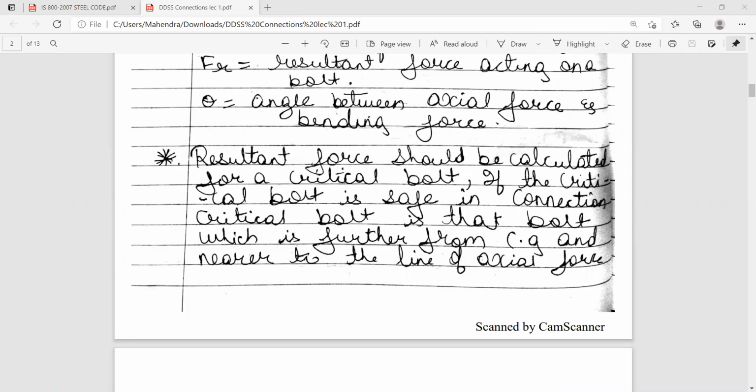Is completed. Is completed up till here.